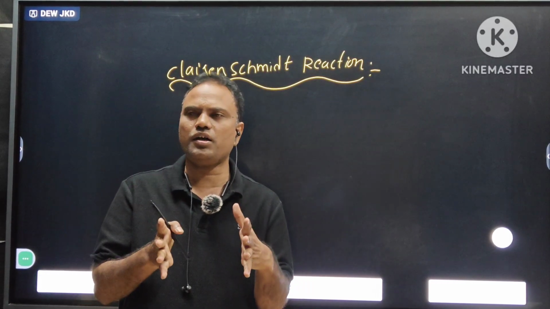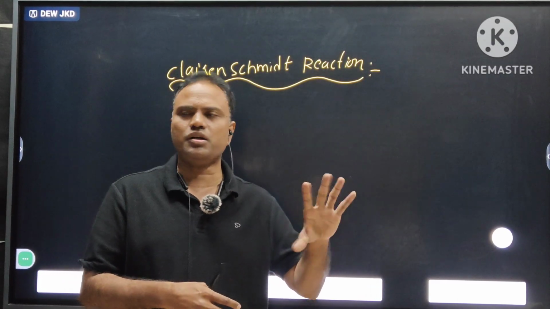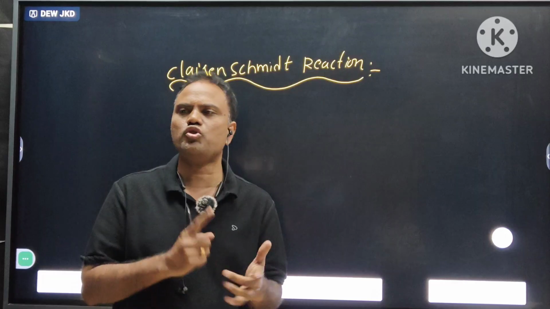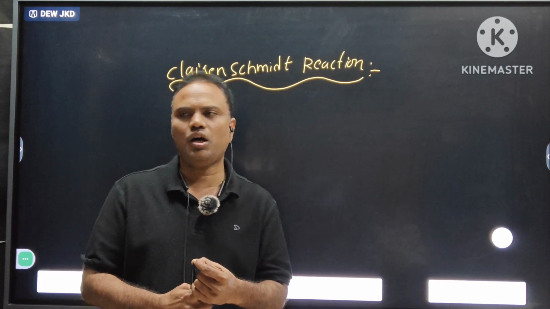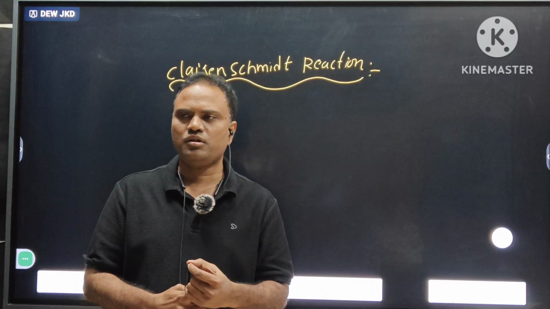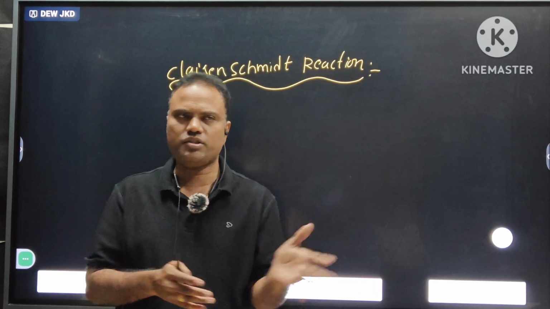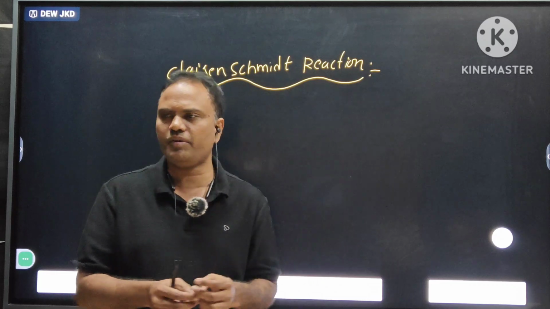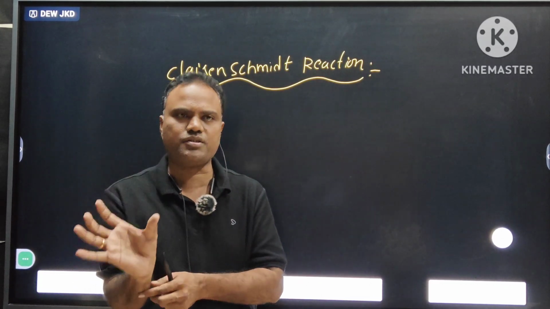When you take one aldehyde as benzaldehyde, the remaining may be anything, aldehyde or ketone with alpha hydrogen. Benzaldehyde means without an alpha hydrogen, right? Actually we take two molecules, like two acetaldehydes or two acetones.